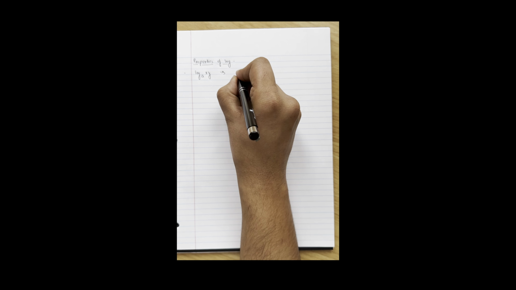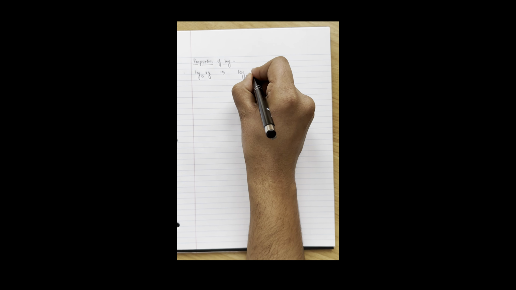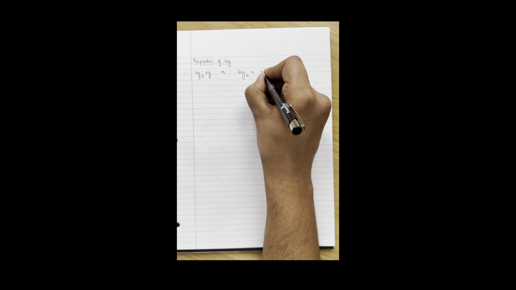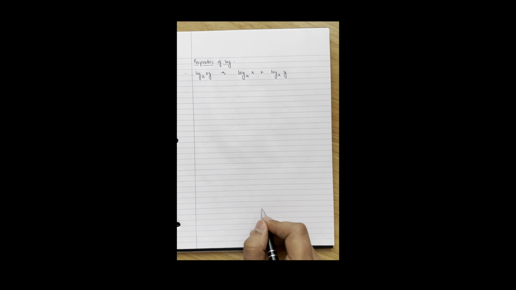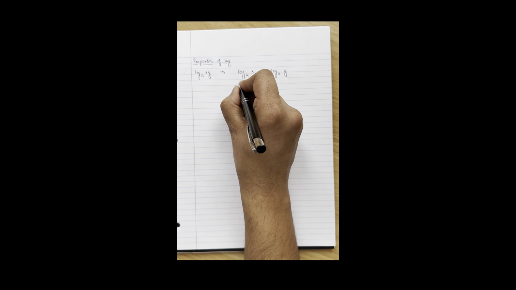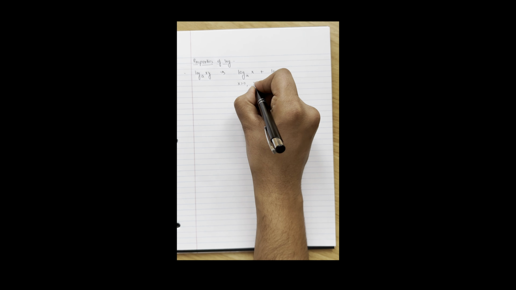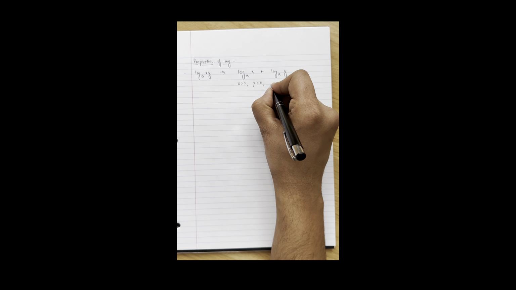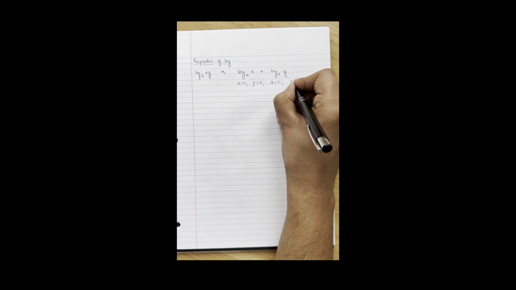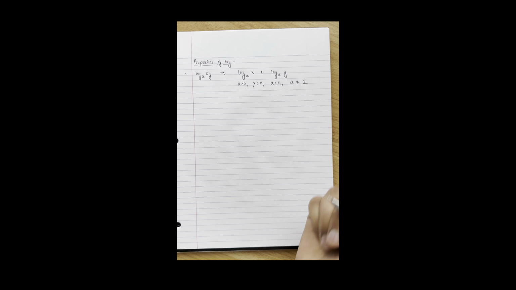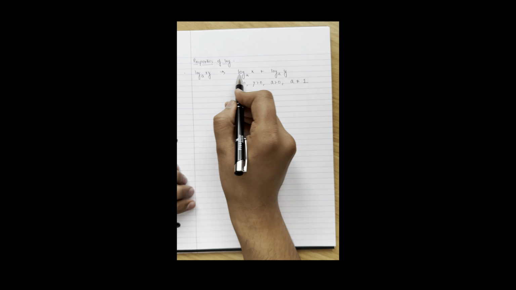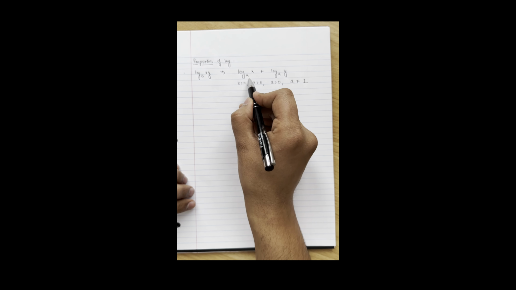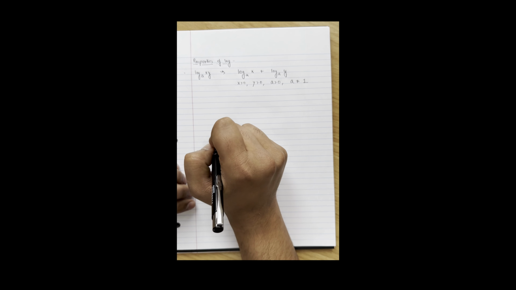We can write it as log a x plus log a y. Here x is greater than 0, y greater than 0, a greater than 0, and a not equal to 1. So two numbers multiplied with the same base, we can write as an addition: log a x plus log a y.